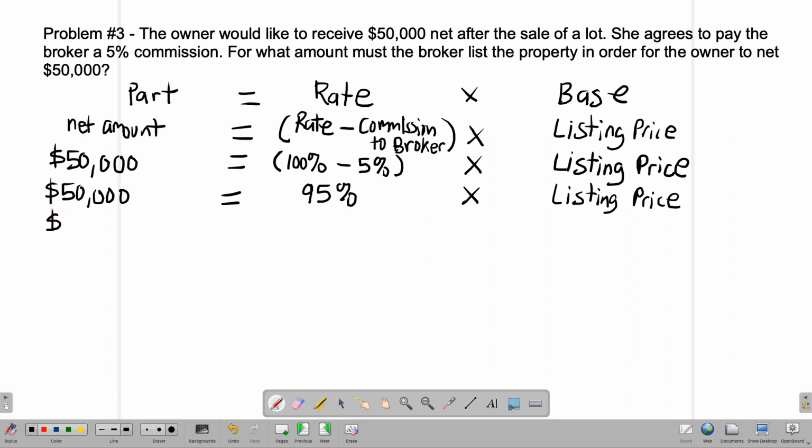So we have 50,000. Like we said in the previous example, we take 95 and divide that by 100, we get 0.95. So we're going to replace the 95% with just 0.95 times the listing price.